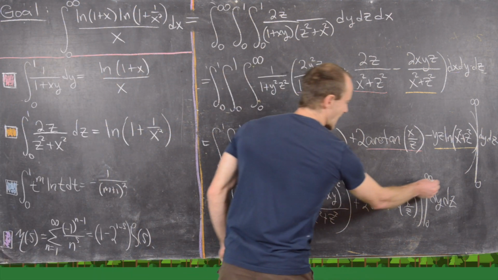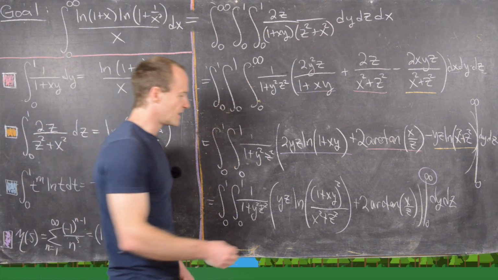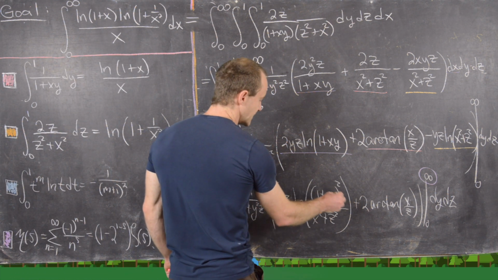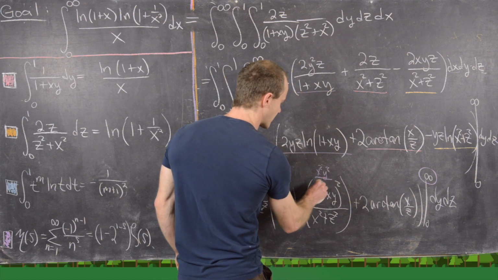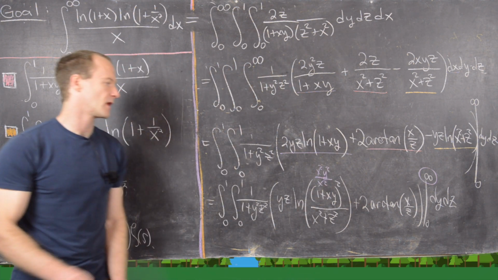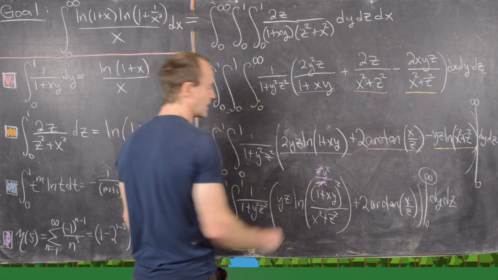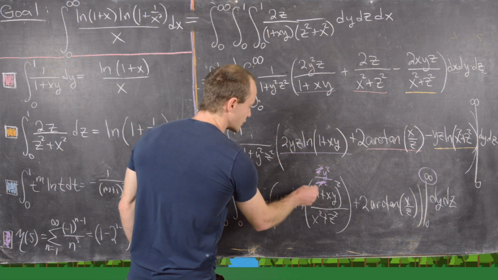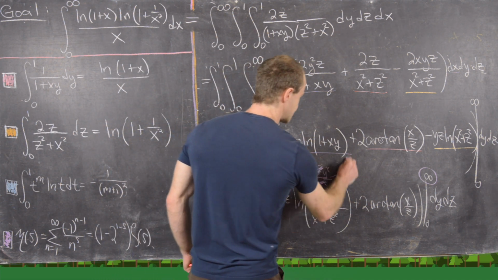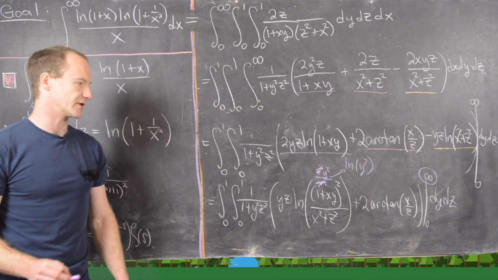So as x approaches infinity, the interior of this becomes essentially x squared y squared over x squared. Great. But notice that x squared in the numerator and the denominator will cancel, which tells us that this whole thing tends to the natural log of y squared. Okay, good.